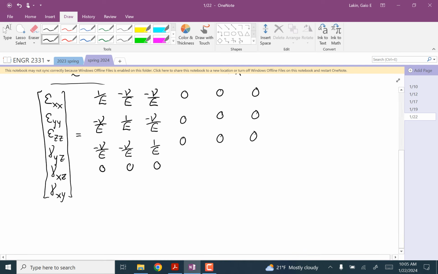And then 0, 0, 0, 2 times the quantity 1 plus nu over E, and that just moves along the path.